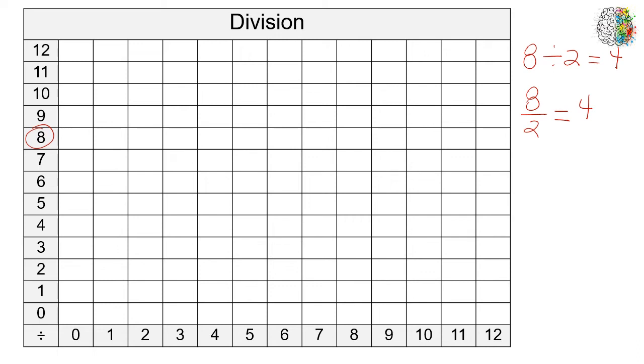And if I wanted to flip this around, if I have 8 divided by 4, that's going to be 2 right here.